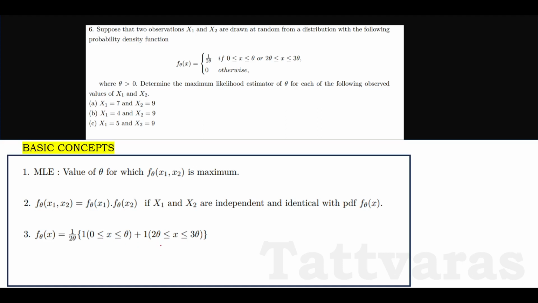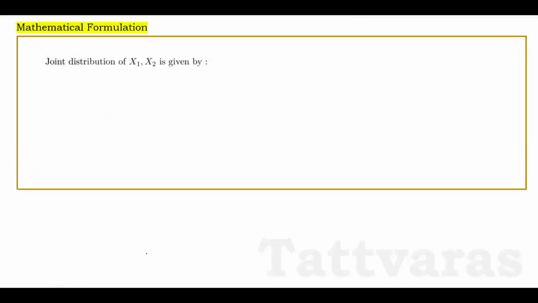Both cannot be 1 because theta is greater than 0, and we do not consider the case that both are 0, because in that case, x is not in the range itself. If both are 0, then it is lying in this otherwise region, right? Alright. So let us use these concepts in our solution.